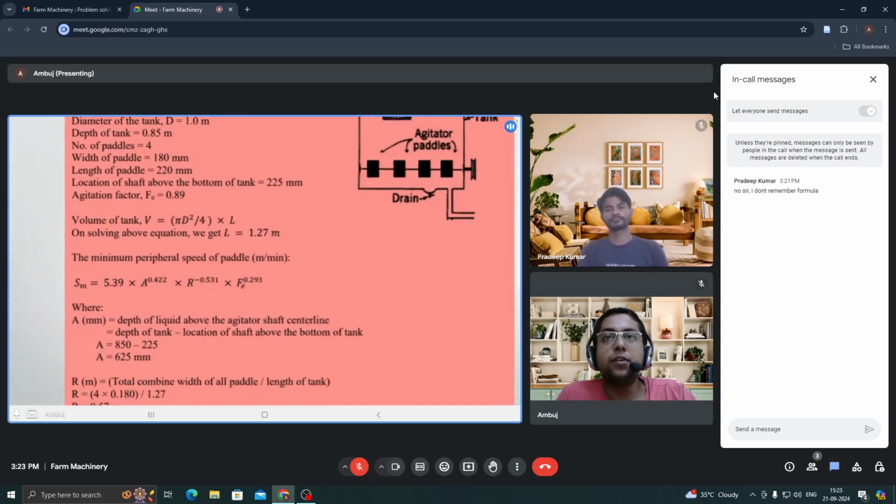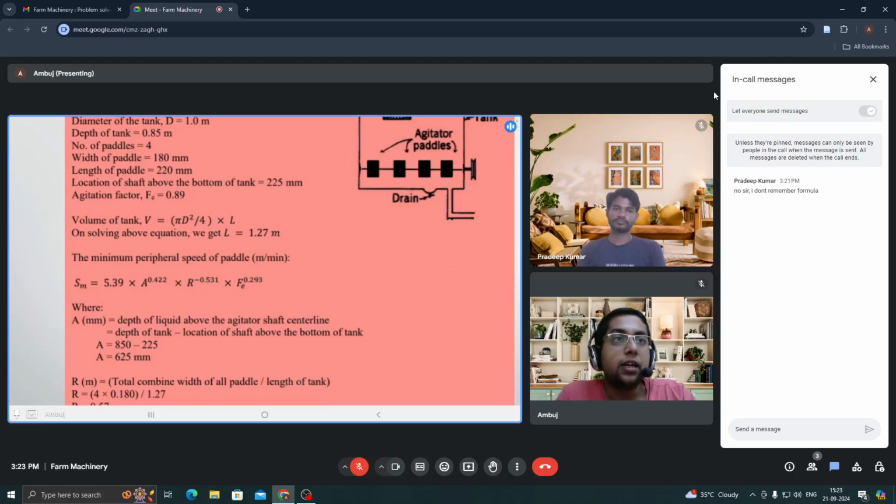Sm is the minimum peripheral speed, equal to 5.39 into a raised to power 0.422, multiplied by r raised to power minus 0.531, multiplied by fe, that agitation factor given as 0.89 in the question, raised to the power 0.293.